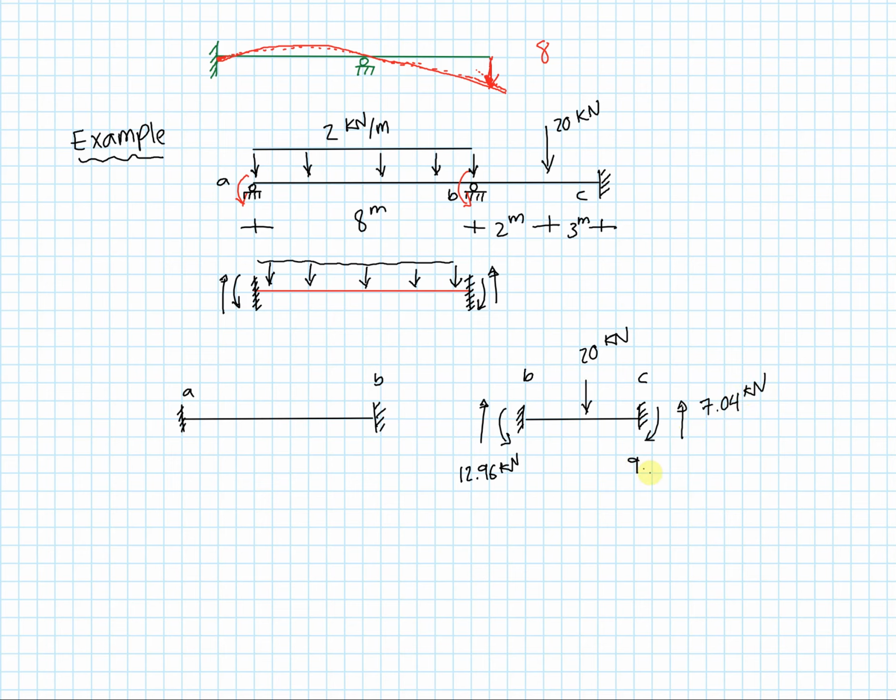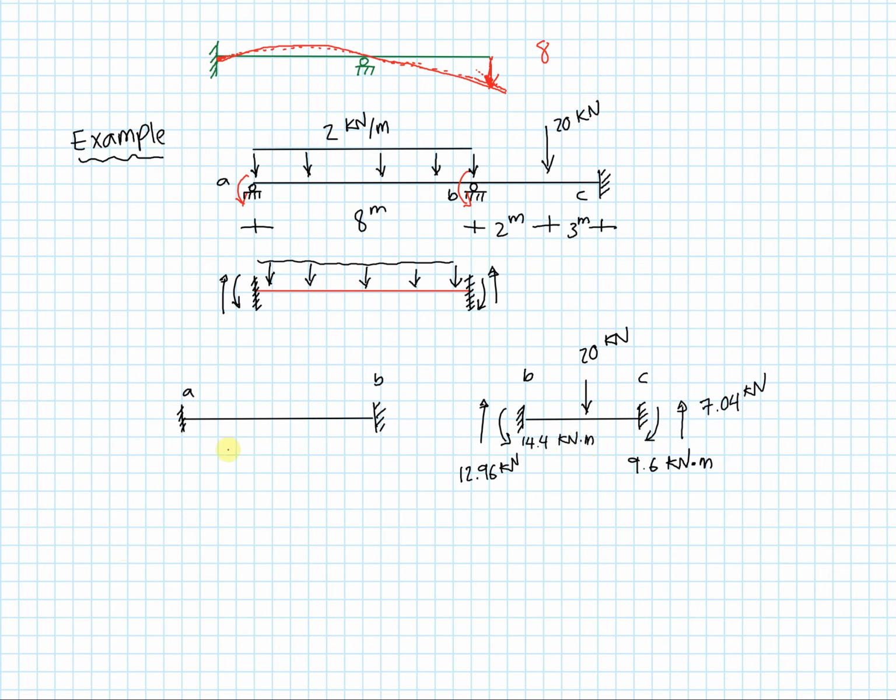So hopefully I've done this correctly. 9.6 kilonewton meter on the right hand side, that's for the moment, and I also have a 14.4 kilonewton meter for this component here.